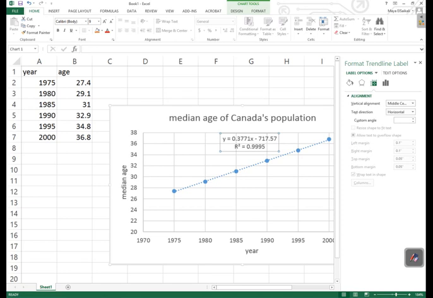The closer the R squared is to 1, the better the fit. In this case it's 0.9995, right? So that's a very, very good fit. That means that the linear regression that you picked is a good regression.